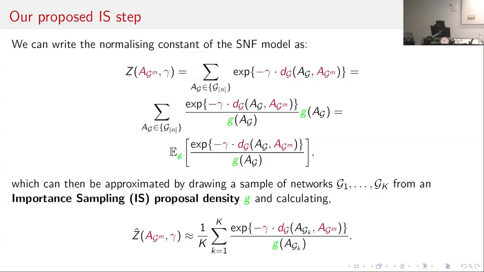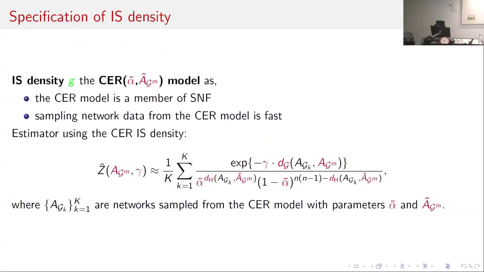We specified this density to be the SER model, because it's a member of the SNF family, but also sampling network data from the SER model is fast. As I mentioned in the previous slide, you just need the mean network, perturb it with a Bernoulli distribution, and then you have samples from the SER model. Compared to having an MCMC within an MCMC, this is much faster. If you specify the density here, you have an estimator for the normalizing constant.